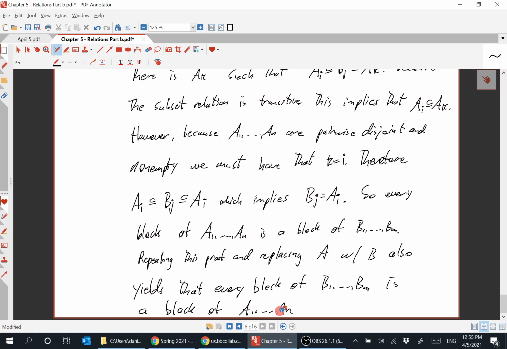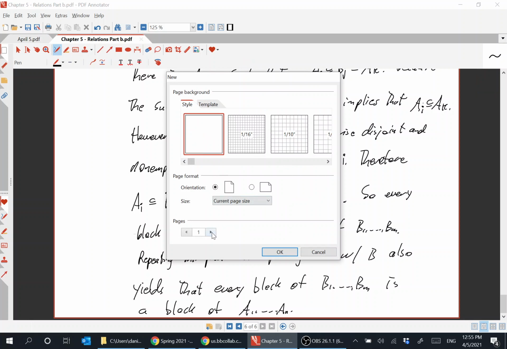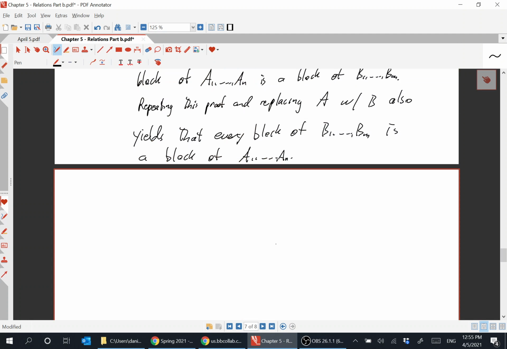So every block in the partition into the B's is a block of the partition into the A's, and vice versa. So they have to be the same partition. They're the same exact partition, because every block of one is a block of the other. And you're partitioning the same set, of course.